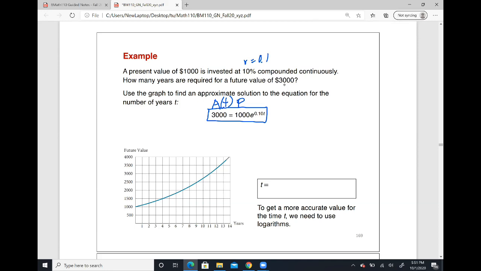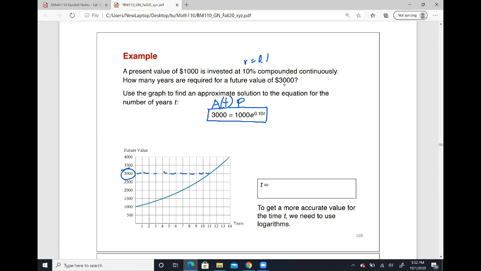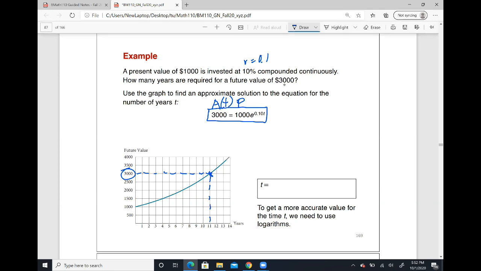Now here is a graph of y equal to 1,000 e to the power 0.1t. In order to estimate t, you find the y value equal to 3,000, then find the point on the graph for that value, and then the coordinate for the x value, or the t value, here.